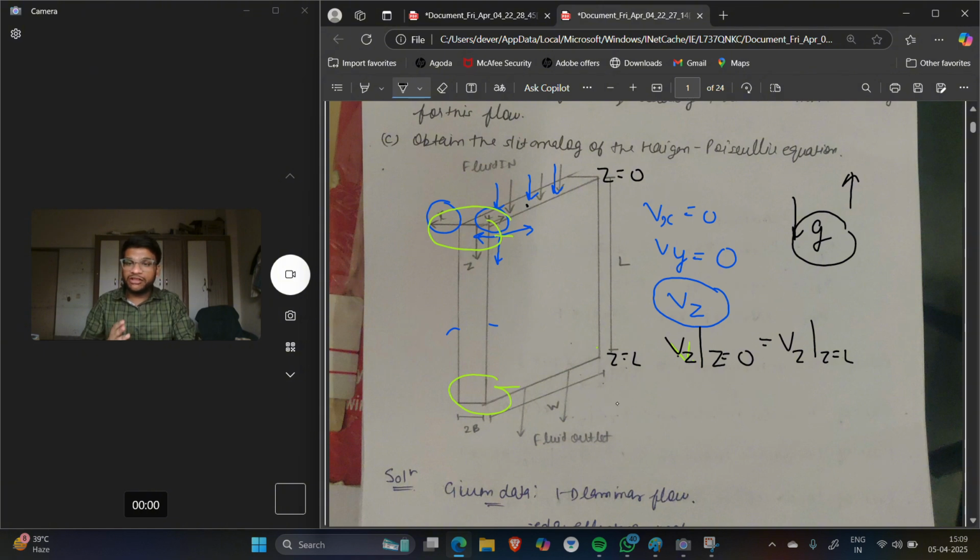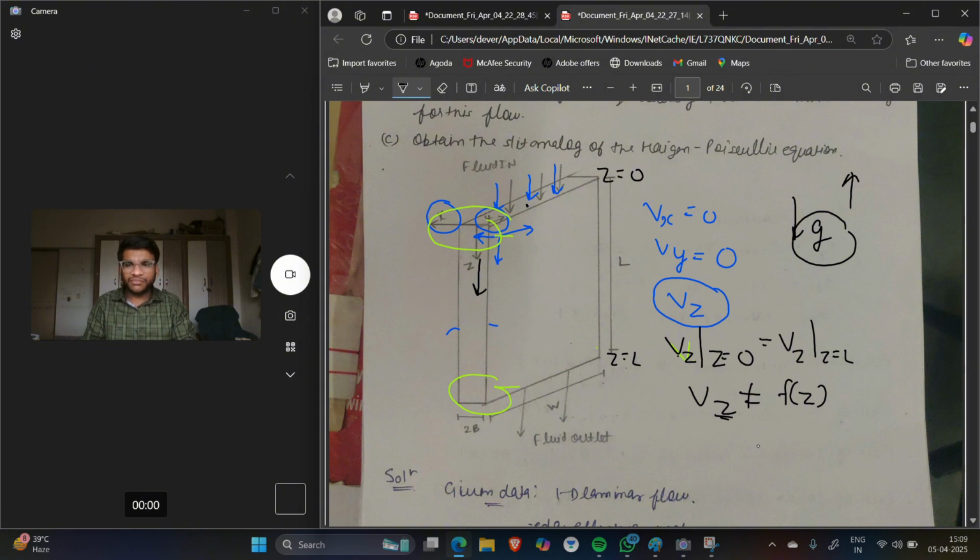So there will be no net acceleration in the z direction, meaning velocity will be constant, so there will be no variation and vz will not be a function of z.